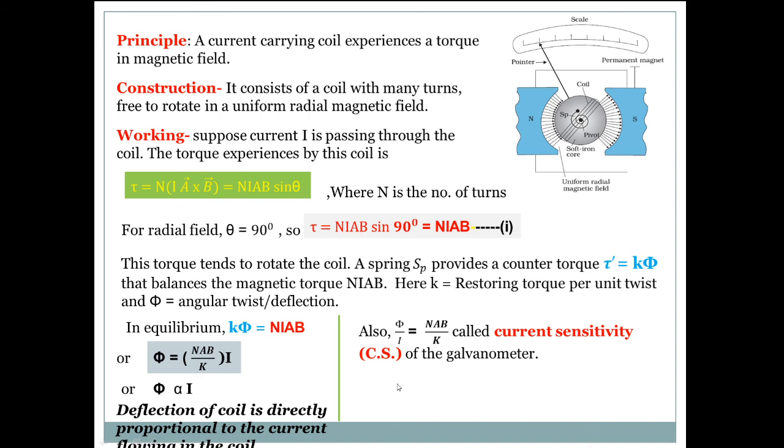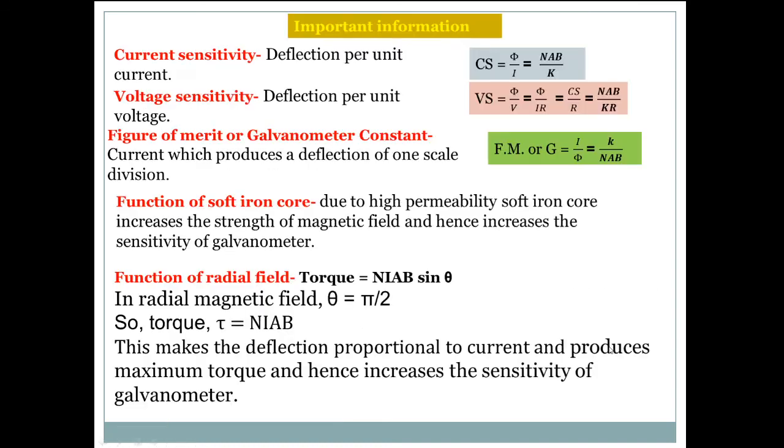Now, current sensitivity. From phi equal to NAB by K into I, phi by I equal to NAB by K. This is called current sensitivity of the galvanometer, meaning deflection per unit current.